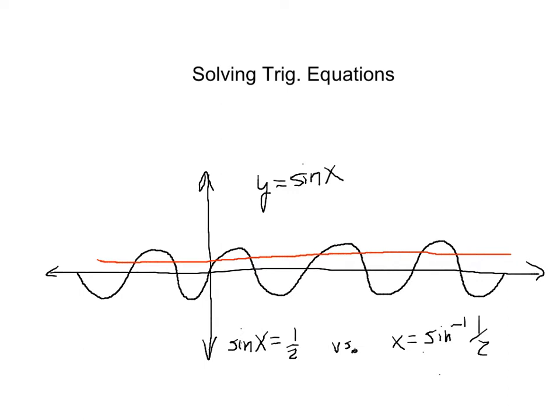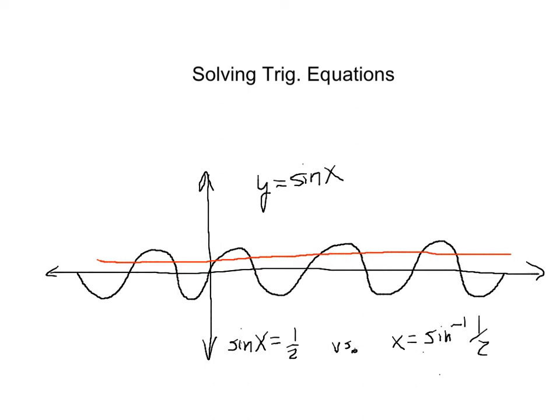And so here's a graph of sine. The red line represents the 1/2 mark, and as we know, this goes on to positive and negative infinity, so there's an infinite number of places where the sine of x equals 1/2. And so our solution needs to refer to all of those possible solutions.